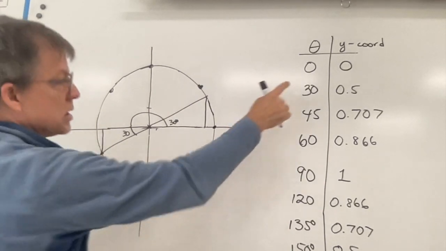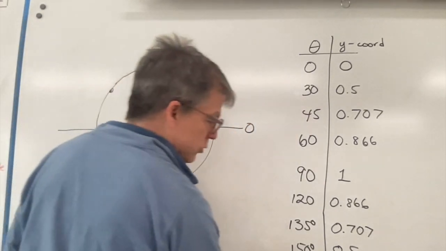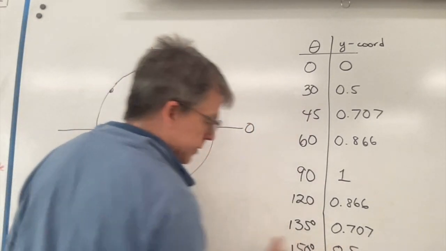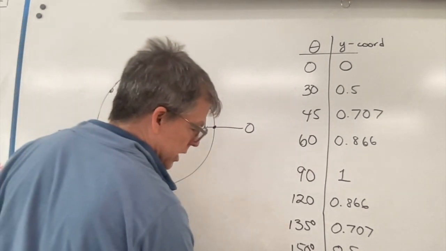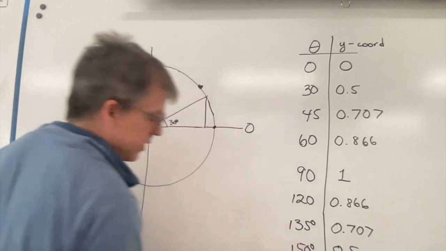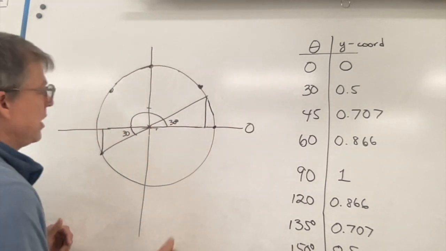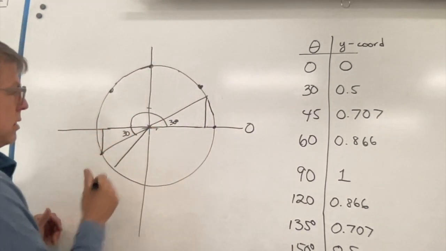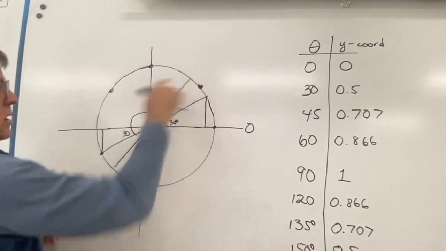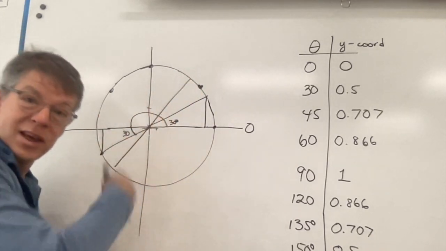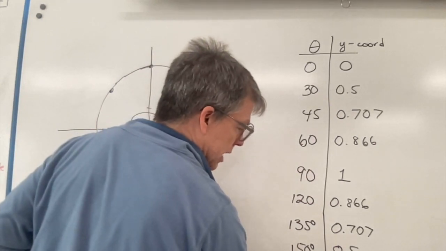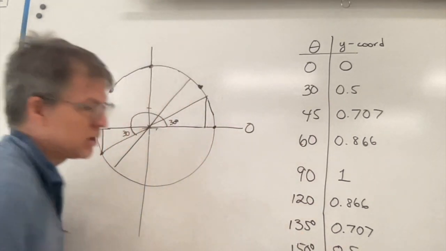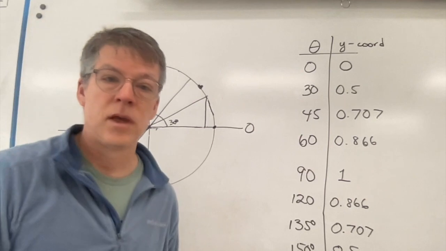So instead of positive 0.5, we'll be at negative 0.5 right here, okay? If I go to my next 45 degree angle, it's 225, and it'll be right there, which will be the same height as the 45 degree one, except negative. So I'll be at negative 0.707, and I'm just going to stop the chart here, because you can probably see what's going on.